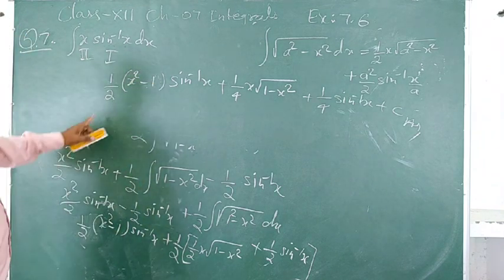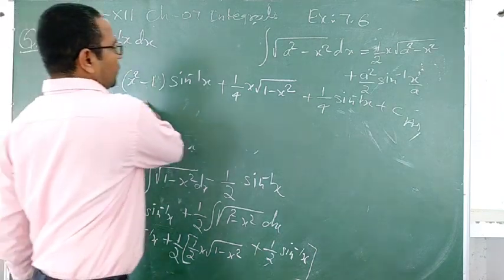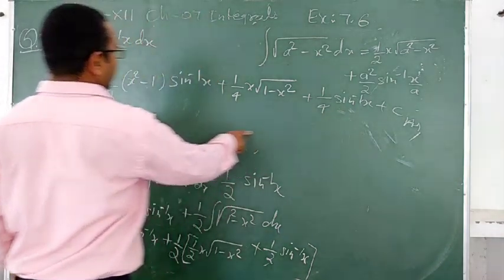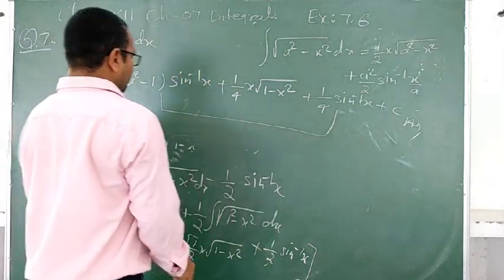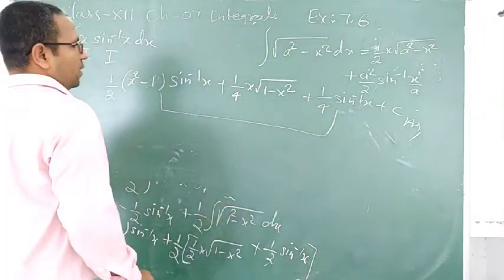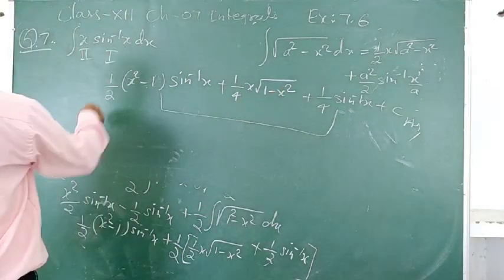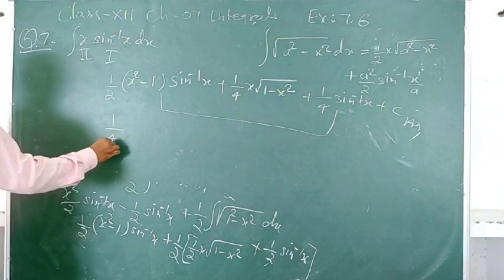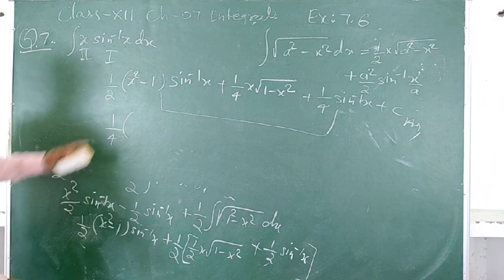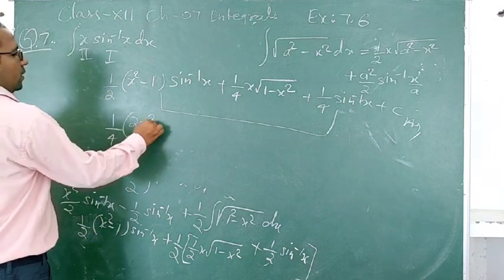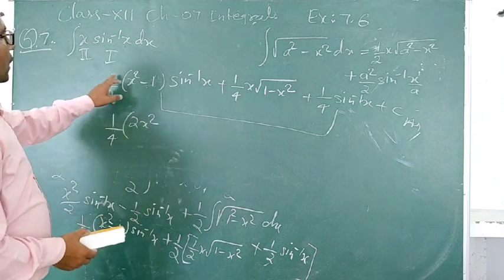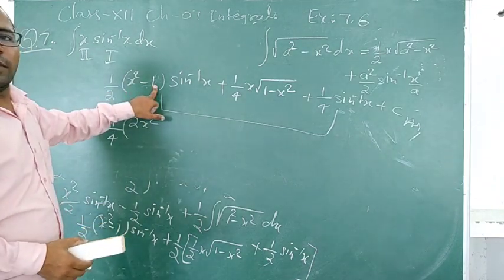So now students, what we have to do here? Just bring these together. We can again take common in these two terms. So how much will we get by taking the common? The LCM will be 4, so 1 by 4 we take outside. 2 will multiply with this one, so we get 2x square, and that 2 will multiply with 1 also, that means minus 2.